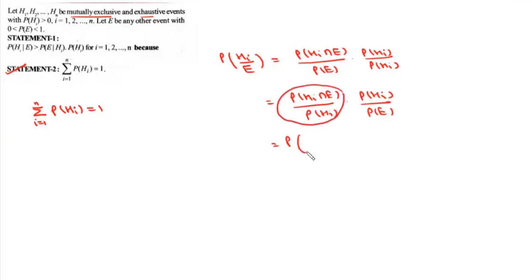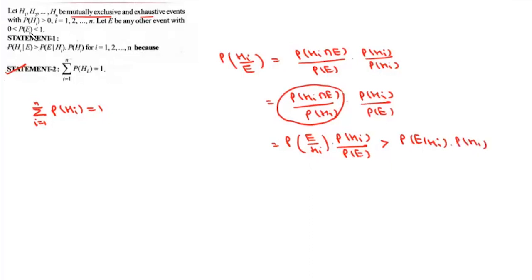So there will be P(E upon phi) into P(phi) divided by P(E). Now since P(E) lies between 0 and 1, it will be greater than P(E upon phi) into P(phi).